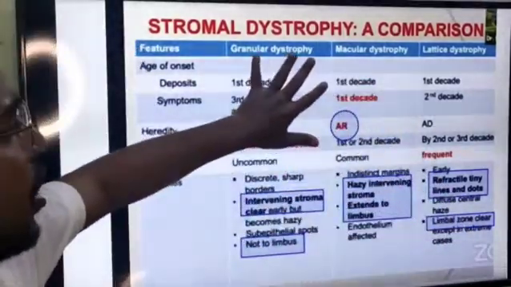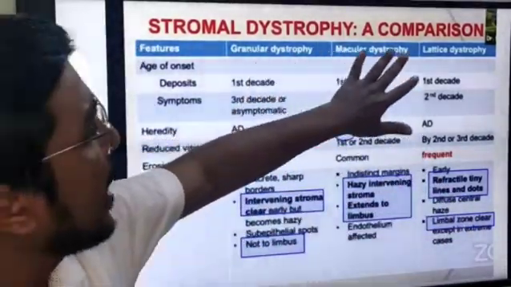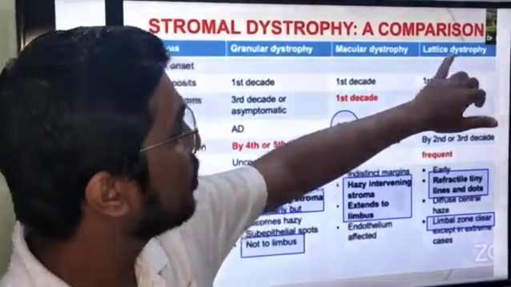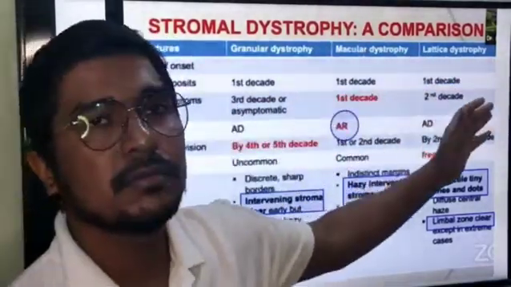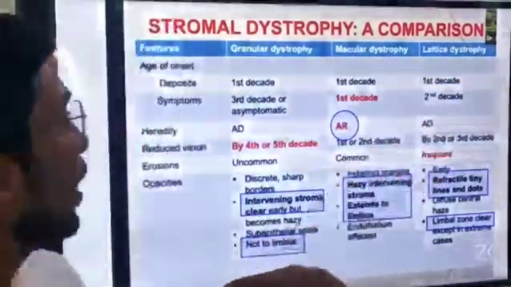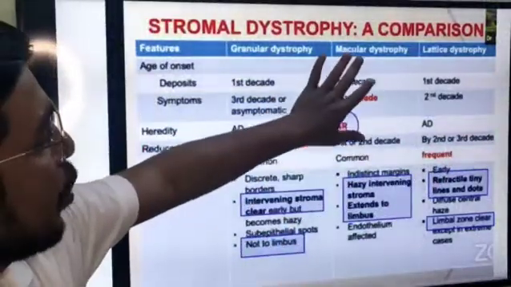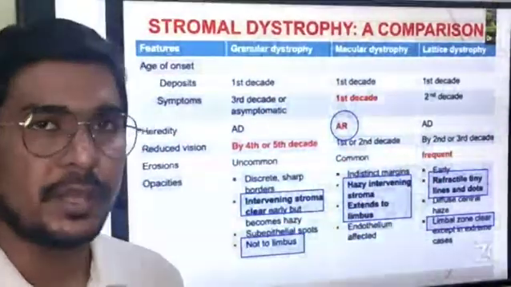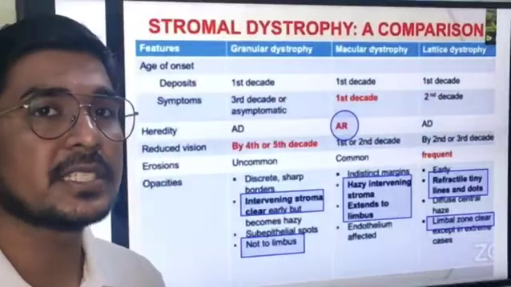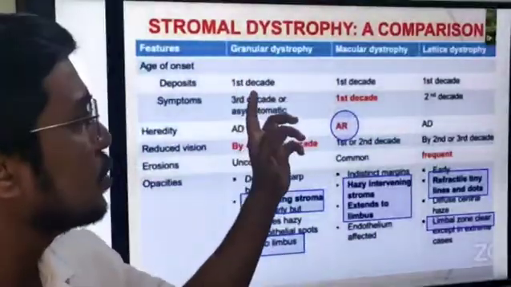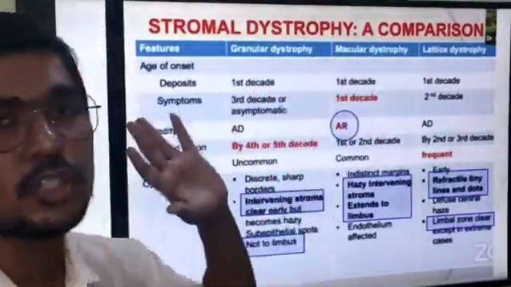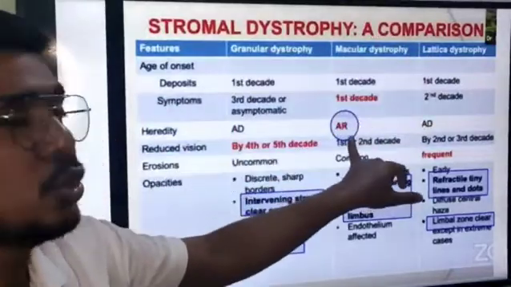So we have here granular dystrophy, macular dystrophy and lattice dystrophy. These all are stromal dystrophies, right? Now, it is important to understand the difference between them, because most of the time they will be asking. I have told you granular and lattice are autosomal dominant, but macular dystrophy is autosomal recessive.